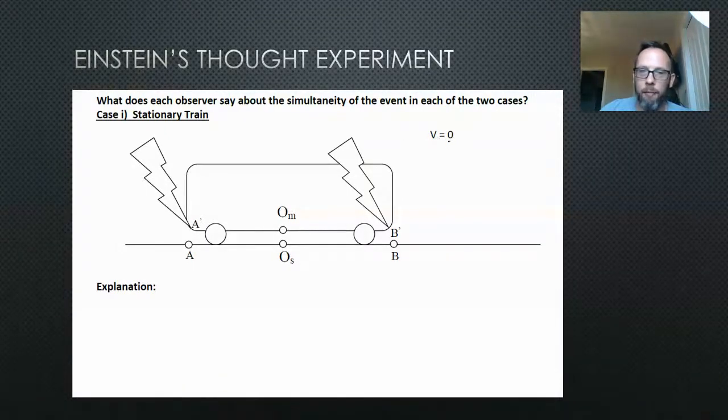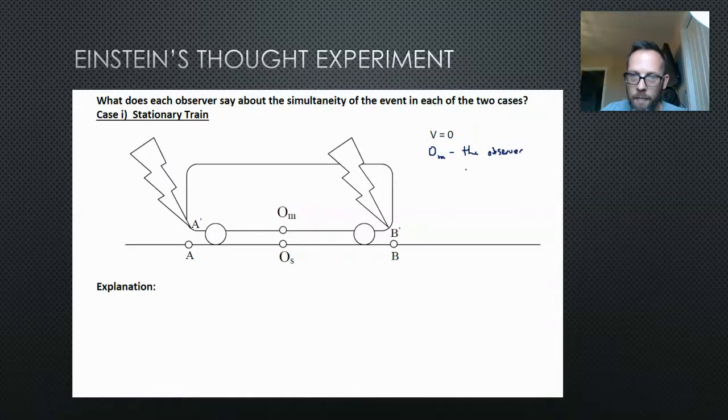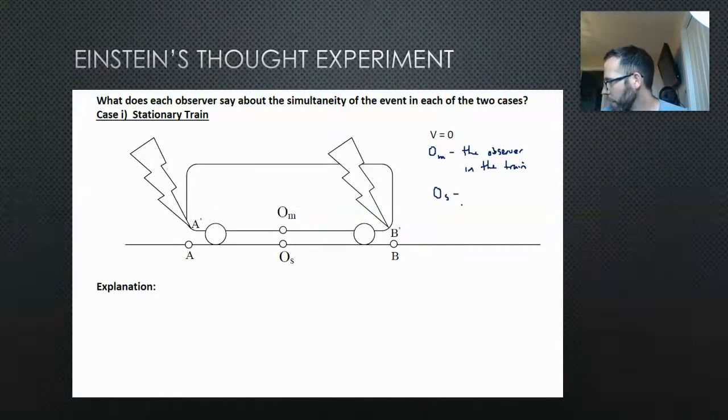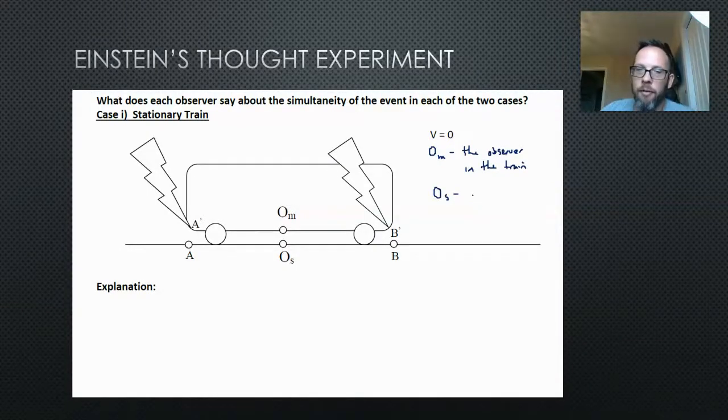So in this case, the speed of the train is 0. On this diagram, OM is just referring to the observer in the train, moving with respect to the person outside the train. OS is my observer outside the train, the stationary observer, S. So what happens when the train's at rest?